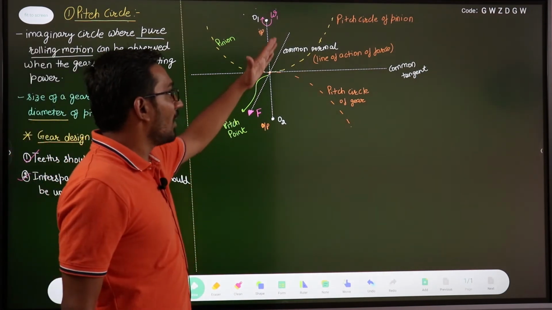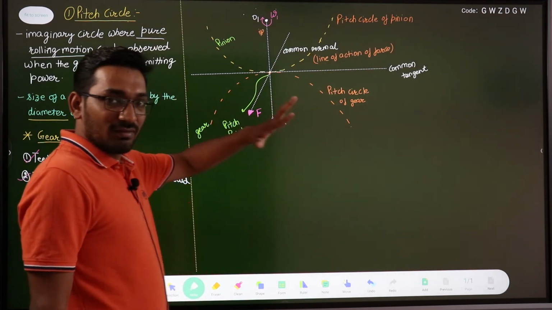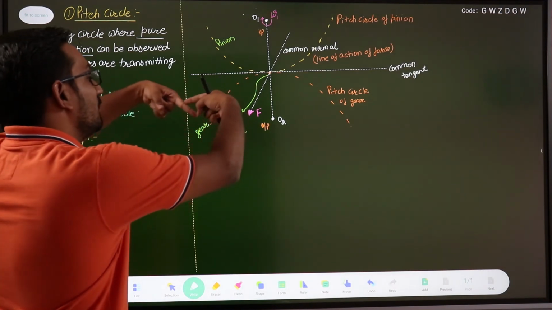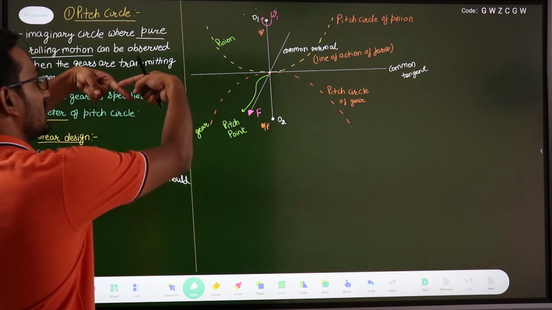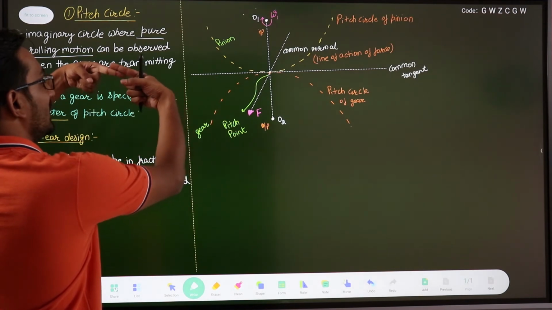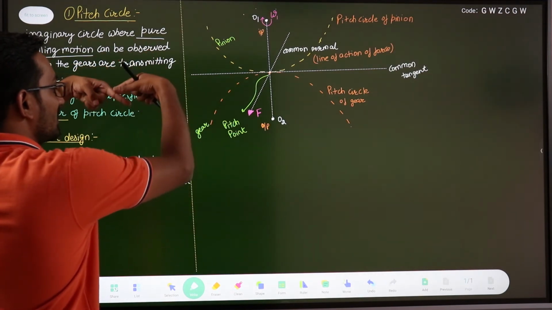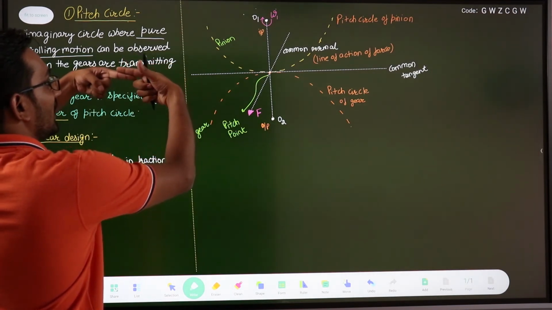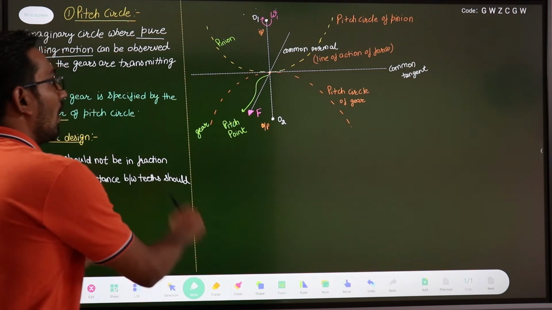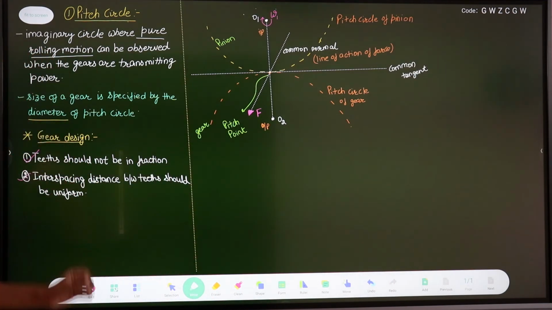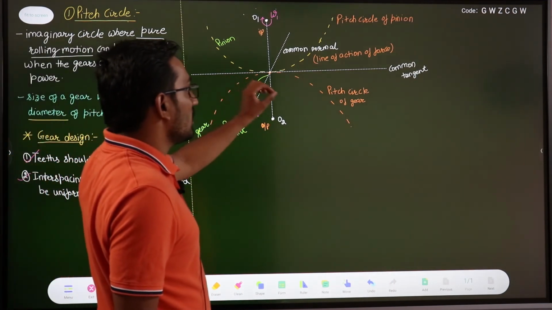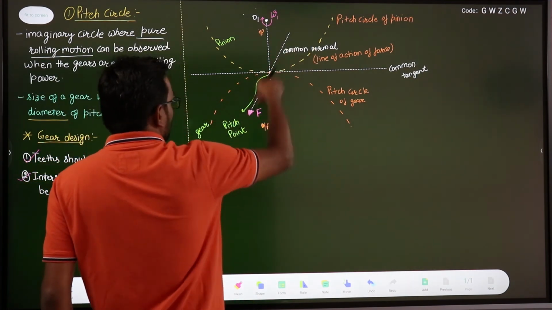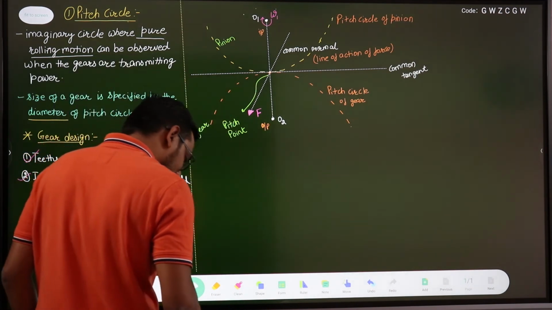Wherever the contact is, the force will be along the common normal, right? This pinion will touch with its tip, then move like this and then disengage. This is our path of contact. So this force F will always be along this common normal.